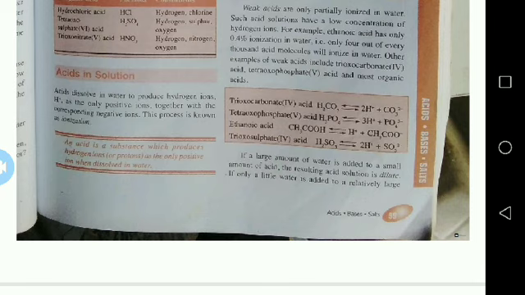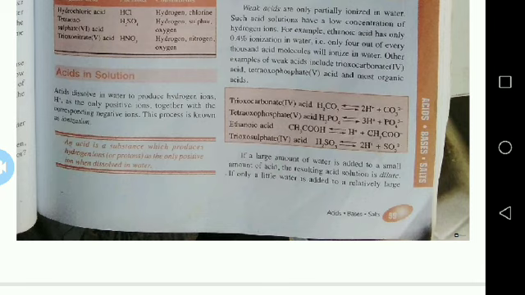Please listen again. The basicity of an acid is referred to as the number of hydrogen ion present in one molecule of an acid. It is also the number of replaceable hydrogen ion, H positive, in one molecule of the acid.